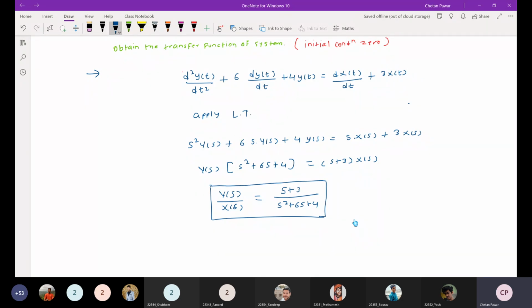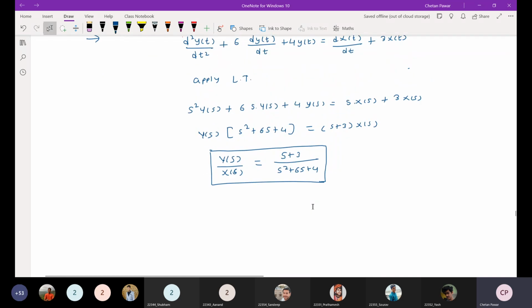So this is the transfer function of the system: s plus 3 over s square plus 6s plus 4.